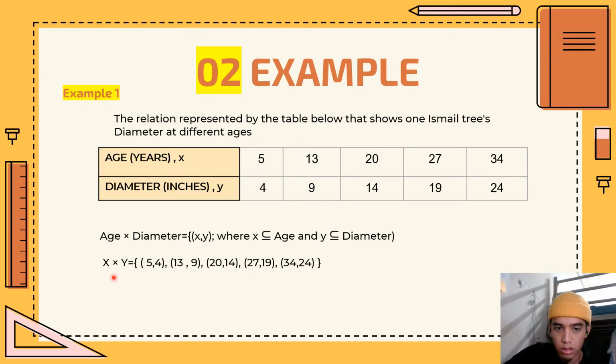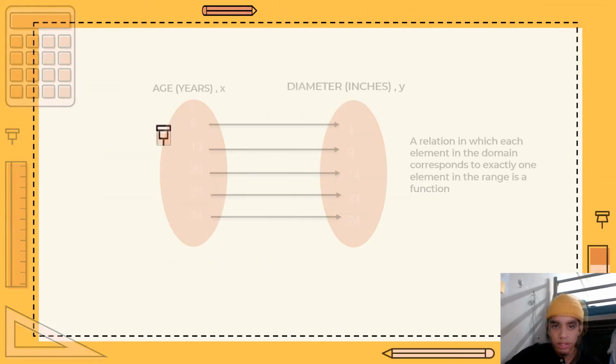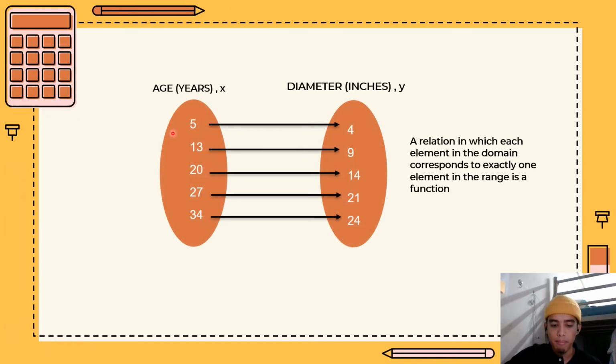For the calculation, age multiplied by diameter equals x cross y, where x is an element of age and y is an element of diameter. So the set x cross y equals (5, 4), (13, 9), (20, 14), (27, 19), and (34, 24). This is the mapping diagram.